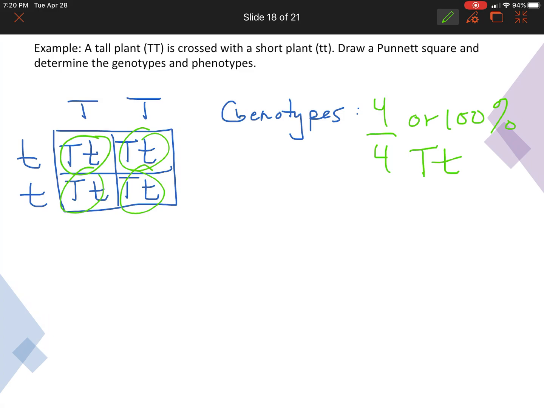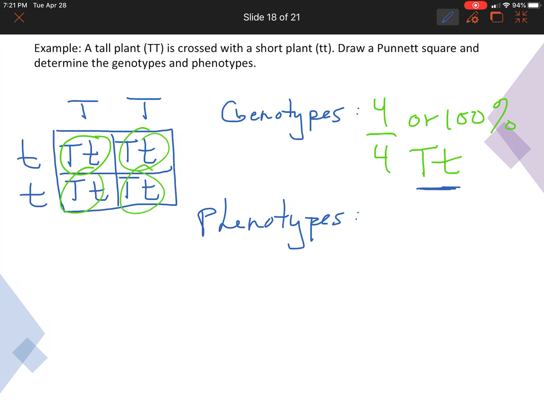Those things all mean the same thing. These plants all have a tall allele and a short allele. So 4 out of 4 are the same. They all have this heterozygous genotype.